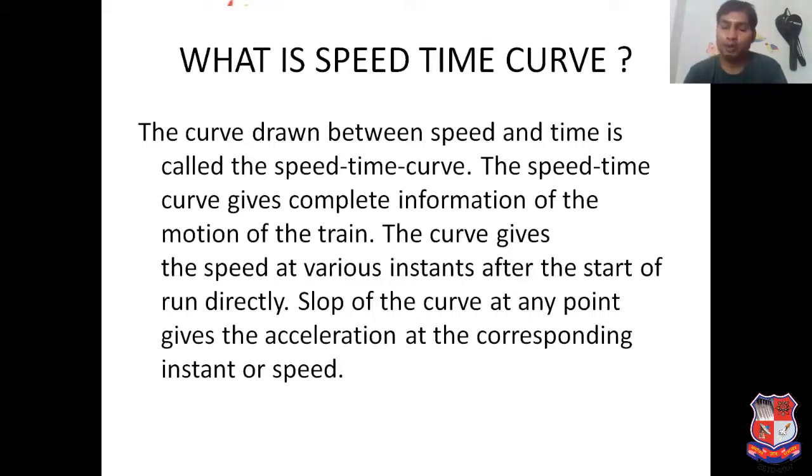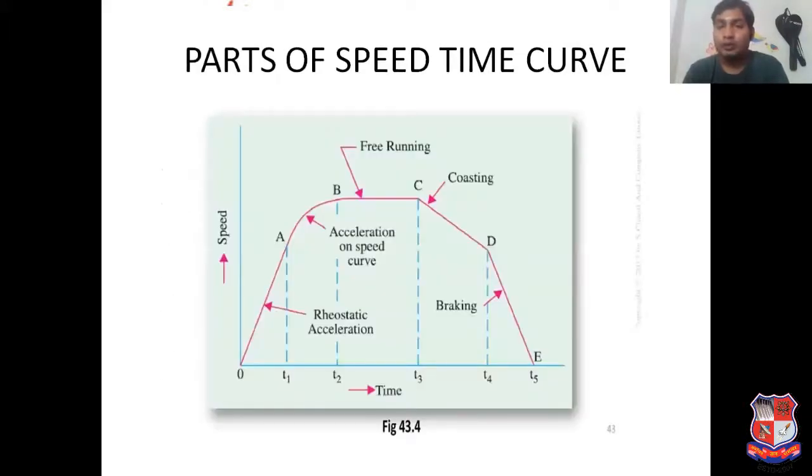Though in this electronic era we can represent them in an even more detailed way. So basically speed time curve is a graphical representation of speed versus time, and there are various parts of speed time curve.